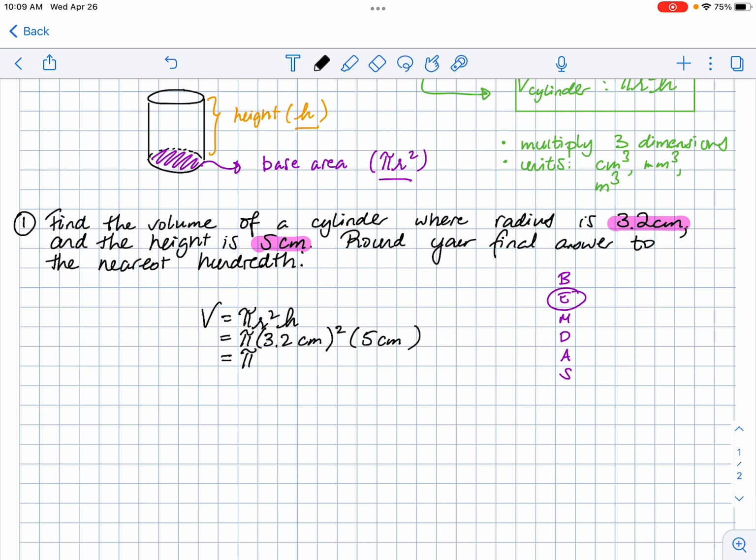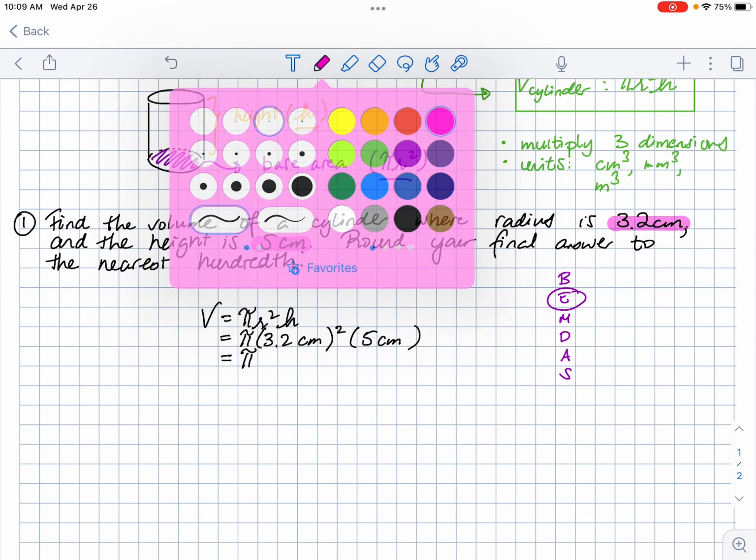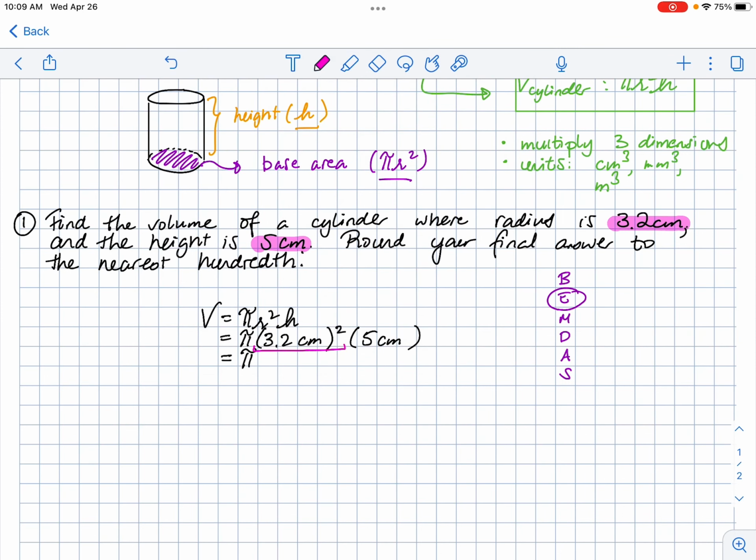You're going to take the 3.2 centimeters and you're going to raise it to the power of 2 or square it. So 3.2 centimeters, I'll just write down a reminder here. So really remember it's 3.2 centimeters times 3.2 centimeters. Notice you're multiplying 3.2 times 3.2, but you're also multiplying centimeters times centimeters.